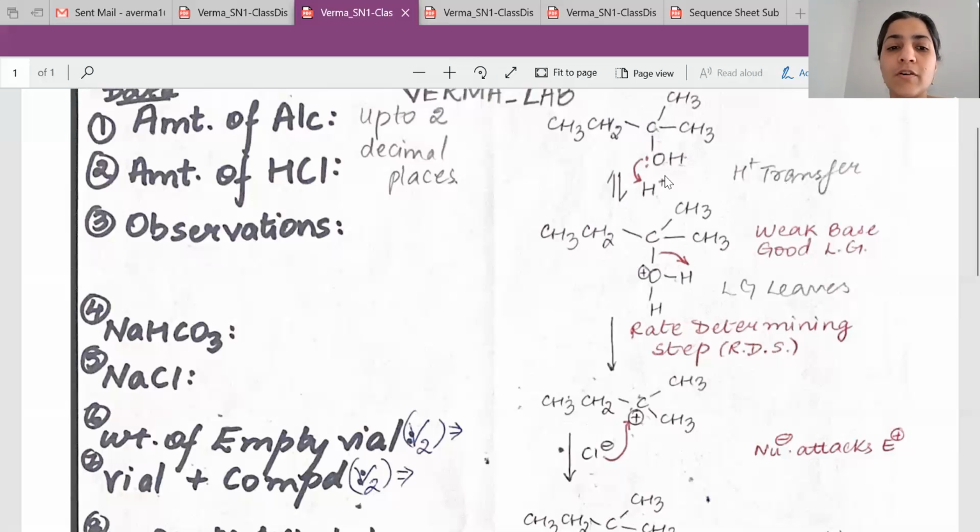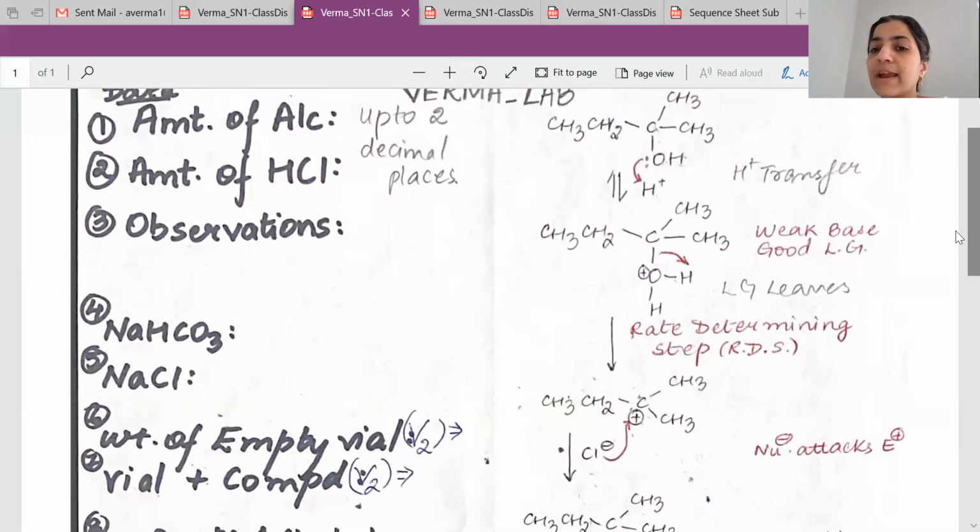The proton from your solution, the HCl, will protonate our OH group, converting it into a water kind of leaving group. Water is a weak base and a very good leaving group because it can exist independently.